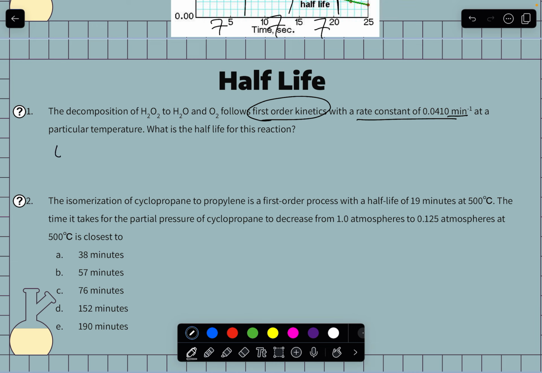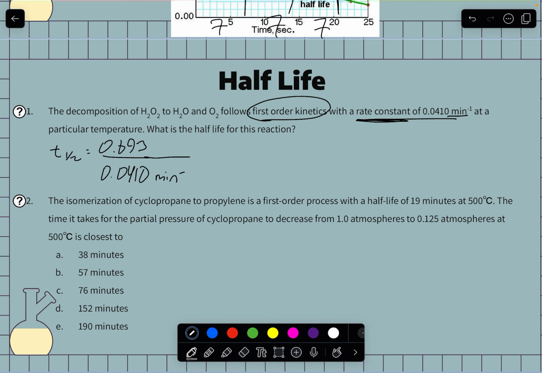We can use that equation, T1/2 equals 0.693 divided by k. And we have k, so we can actually plug that in. So k is our rate constant, that's 0.0410. And that's per minute on the bottom there.